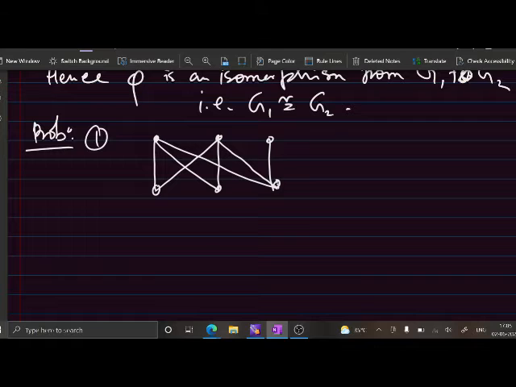Okay, this is one graph G1 and another one.